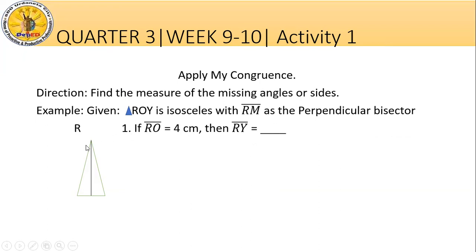If line segment RO is equal to 4 centimeters, then what is the measure of line segment RY? The answer is 4. Why? Because since line segment RO is 4 centimeters, as we have said before, the legs are congruent.